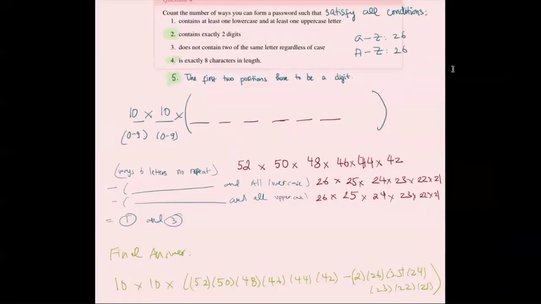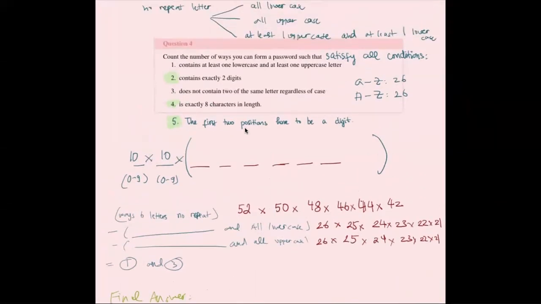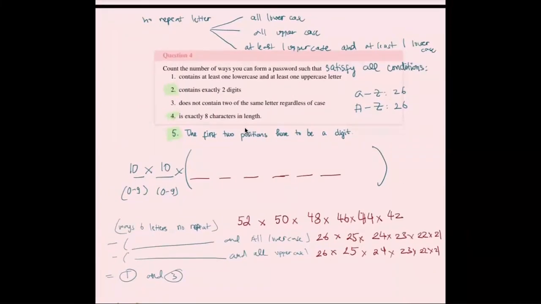Any other question? Sorry, what are we subtracting from what here? Which partitions were we subtracting from each other? Okay, so in order to calculate no repeat letter and at least one lowercase and one uppercase, we want this range, right? Yeah.